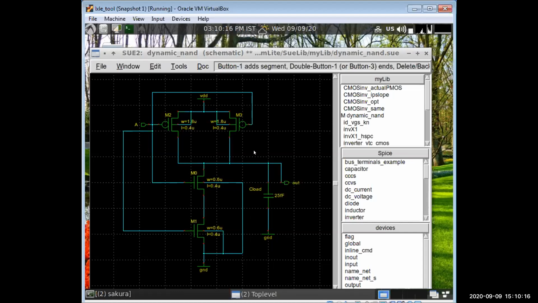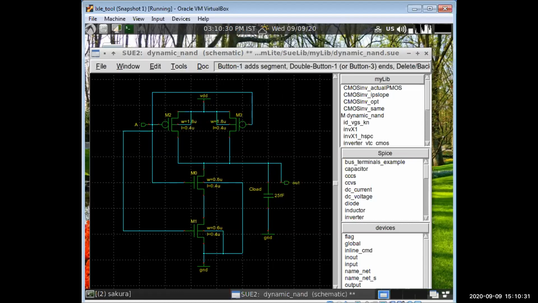And now this is the capacitance, the C load. I am taking all the fan-outs and internal device capacitance, assumed as 25 femtofarad, and this is the out node. So let's see the transient simulation.